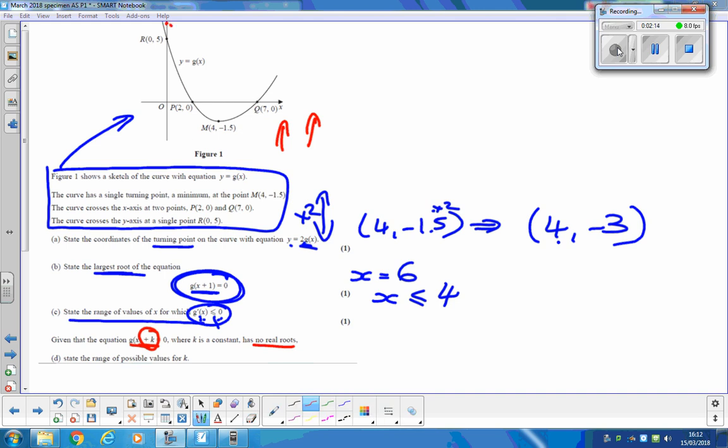So it's going to be up here, not touching the axis here. Well, just to move it up to that point there, I'd need to add 1.5 to it. So if I put more than 1.5, then this graph would be above the axis and it would have no real roots.